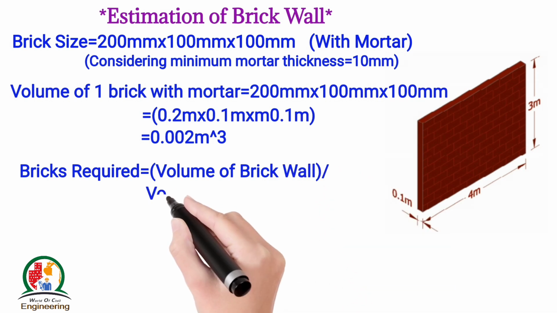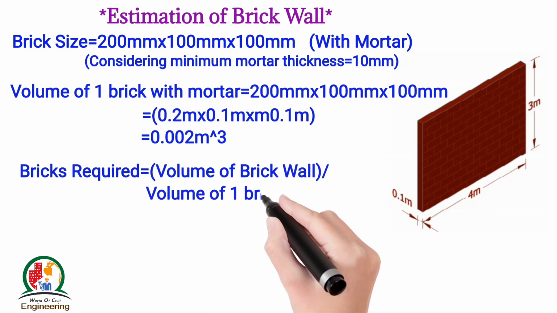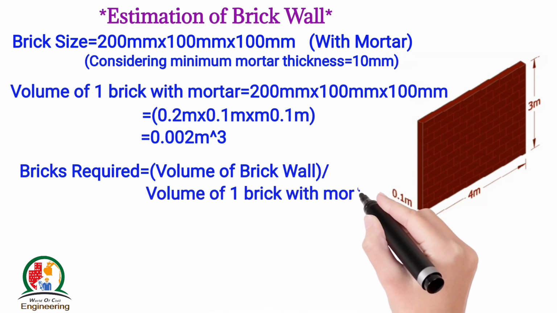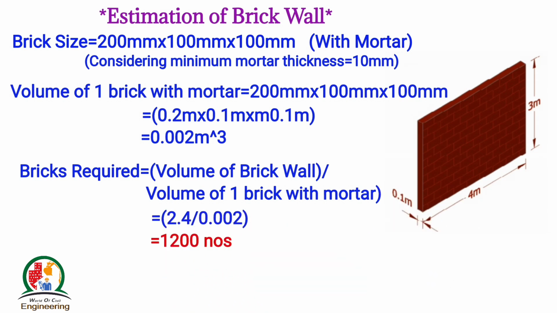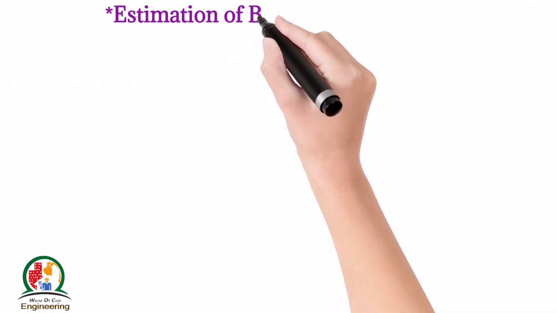Now bricks required equal to volume of brick wall divided by volume of one brick with mortar, equal to 2.4 divided by 0.002, equal to 1200 nos.